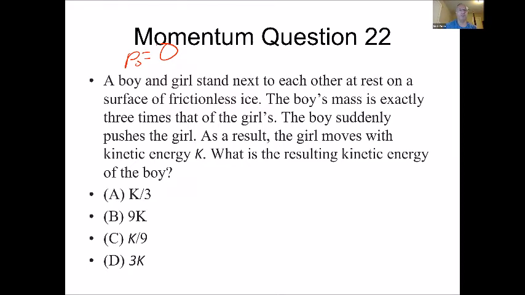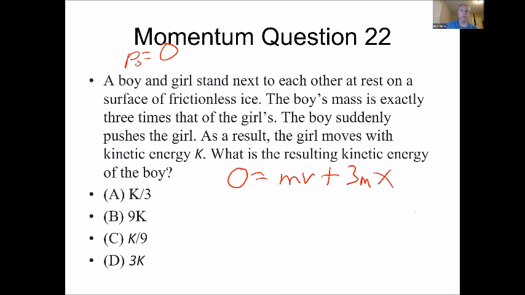Well, first of all, let's use the law of conservation of momentum to come up with a speed for the boy. So momentum before is 0. That's got to equal the momentum after the push. So the girl is going to be m, we'll call her speed v, plus the boy, he's 3m times some velocity x.